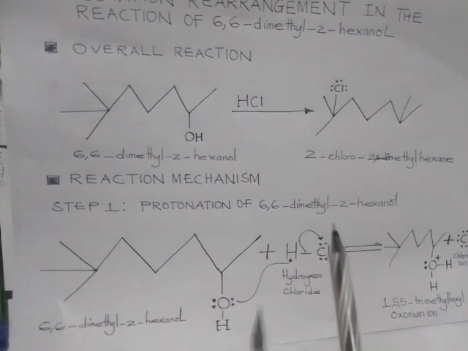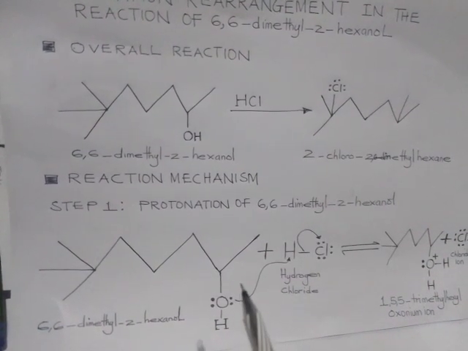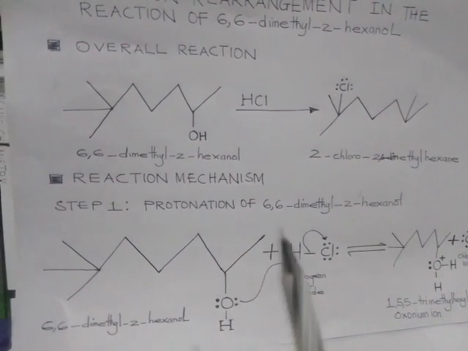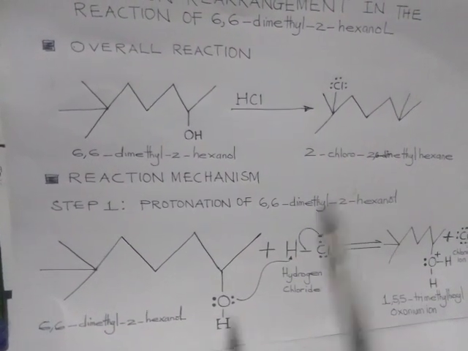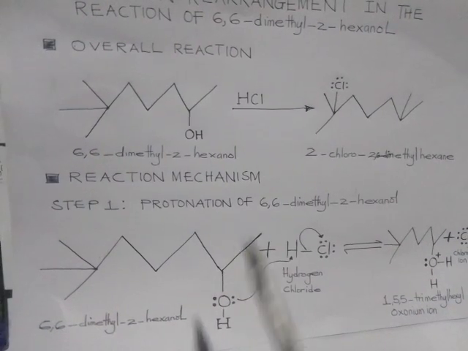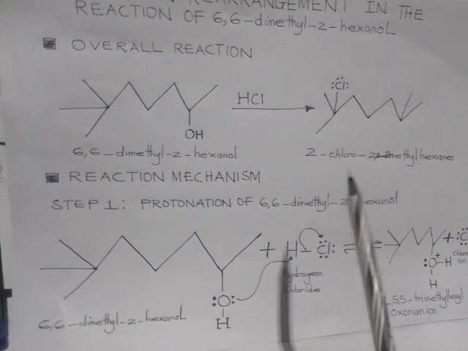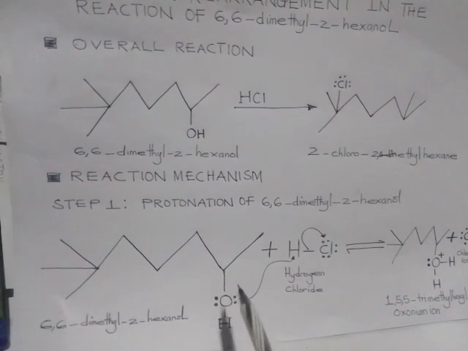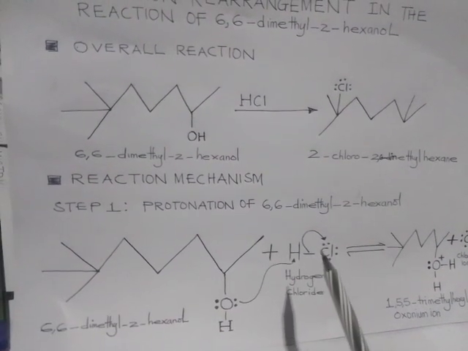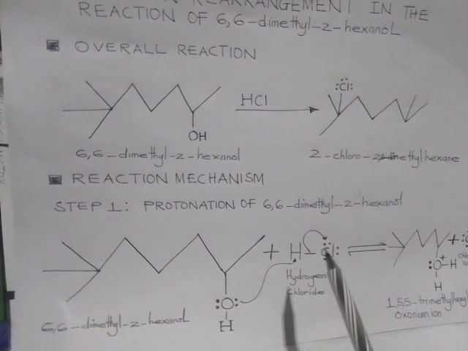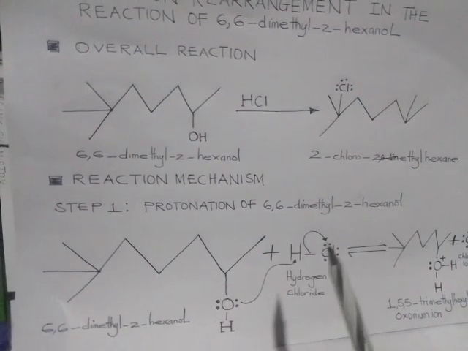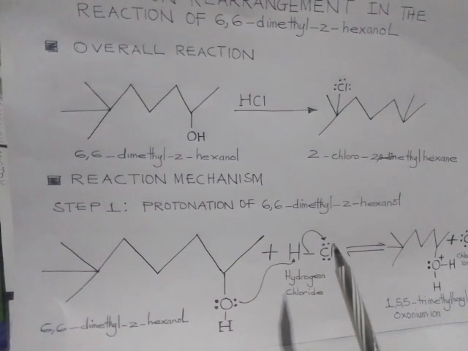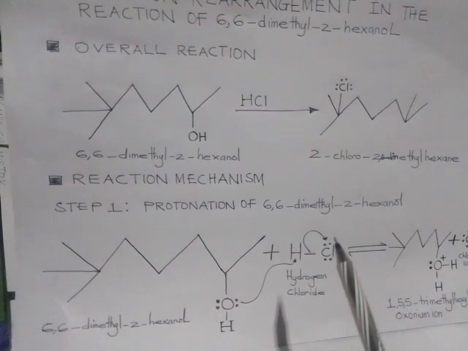For example, the hydroxy group that is attached to this hydrocarbon chain got protonated, which means it took a hydrogen from here and brought it to itself, and this chlorine took the 2 electrons that the bond between hydrogen and chlorine encompasses.